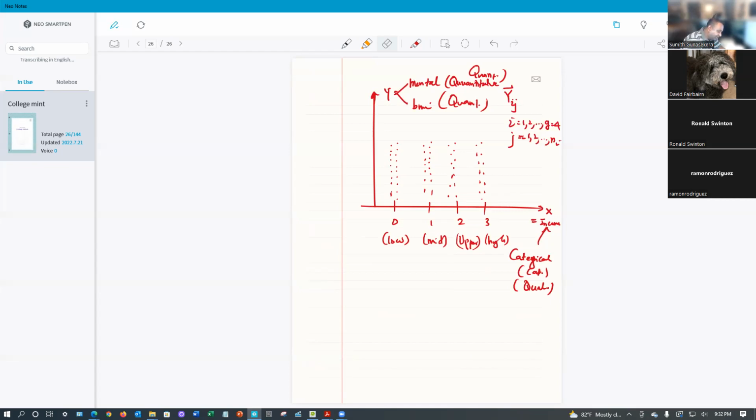This one has N1, this one N2, this one N3, this one N4. 4 groups. And when you add these together, that's the total, capital N. So you can write it this way: the sum of Ni for i going from 1 to G, which is 4. That's the same thing.